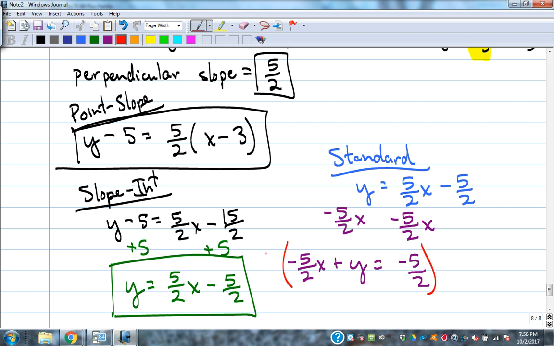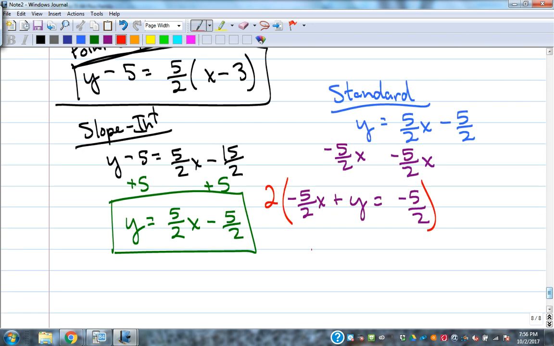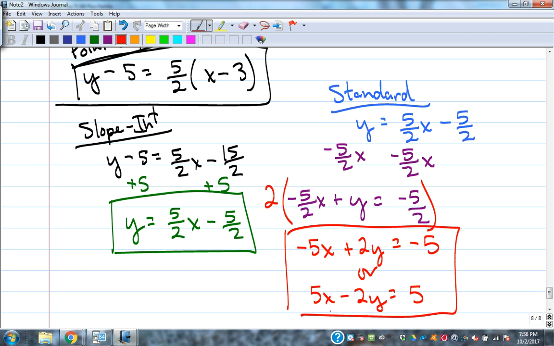Everybody gets multiplied by 2. That's negative 5x plus 2y equals negative 5. Or I could also have 5x minus 2y equals positive 5. Either of those would work for standard form. They're the same because all the signs changed.